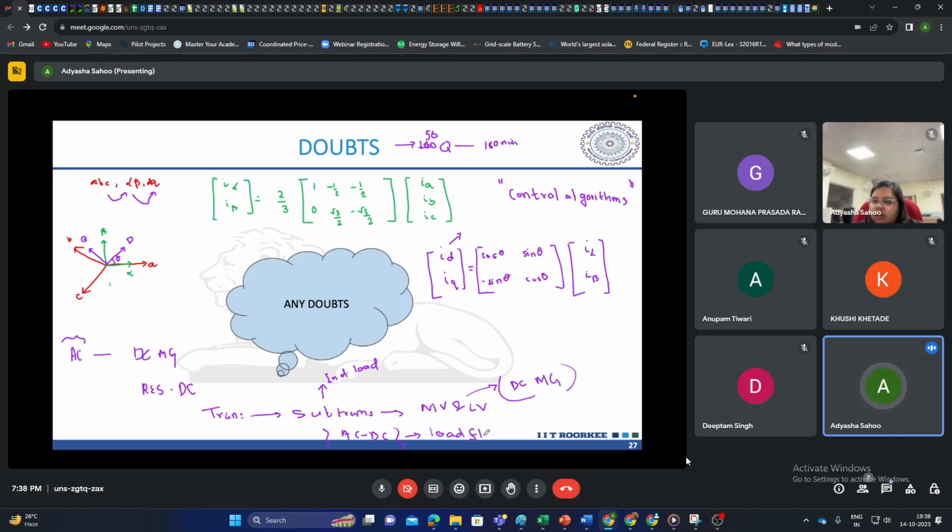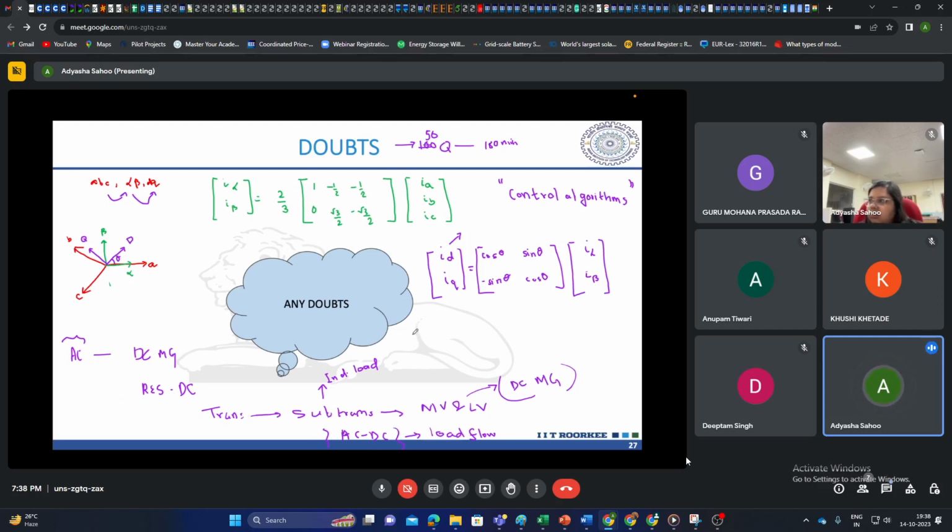So we may realize a system where we have a mixture of AC system and DC system connected with the help of converters. So different power system studies need to be carried out for this hybrid type of system, because earlier we were prepared with AC type systems.